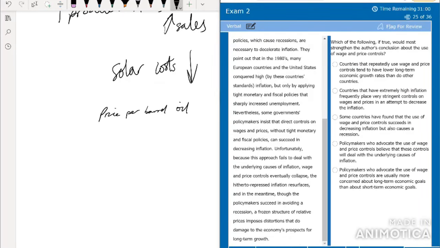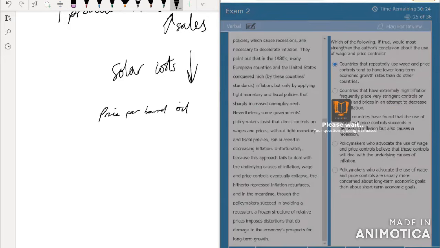Okay, that was all the way at the end. So effectively saying that you damage the long-term growth by using these. Okay, well, A is good. Happy with that.